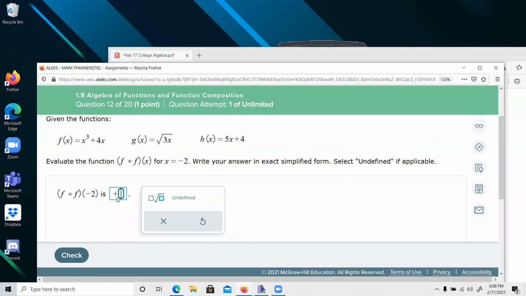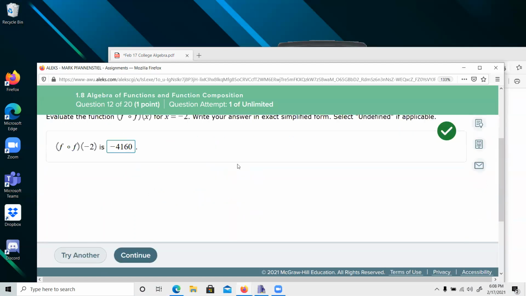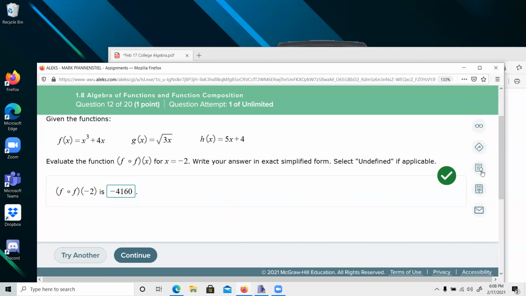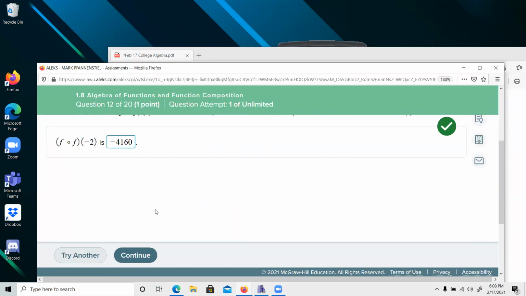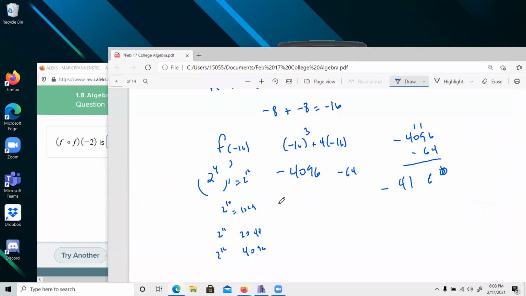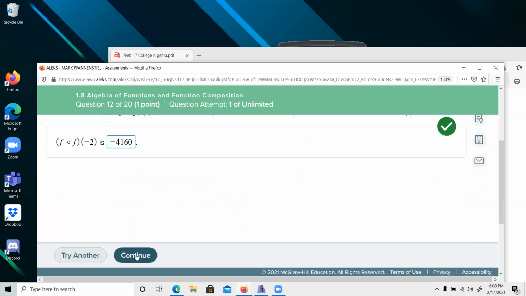Okay, so negative 4160. Hey, how about that? I can do arithmetic. So there we go. By the way, if you're using a calculator for this, that's fine. It doesn't matter.